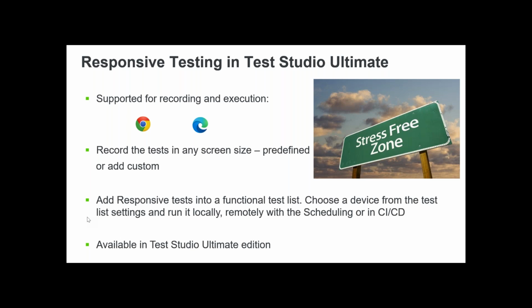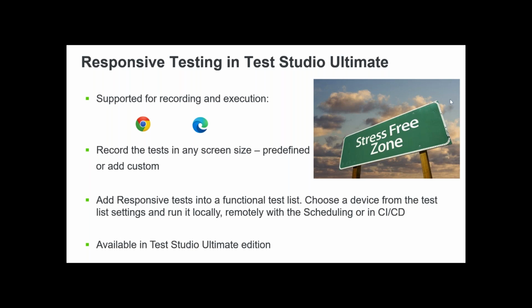From the browser itself and from the console, you can go and emulate a mobile device or enter the screen size yourself, but it creates some hassle, which is addressed in Test Studio. From the Test Studio settings, you can just predefine once the screen size or the device that you want to emulate, and we take care of everything else, right? So you don't need to do any additional configurations in order to get started with responsive testing.